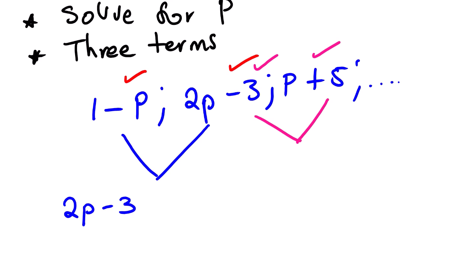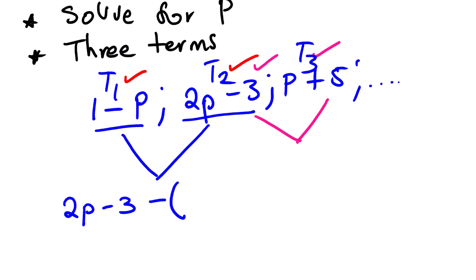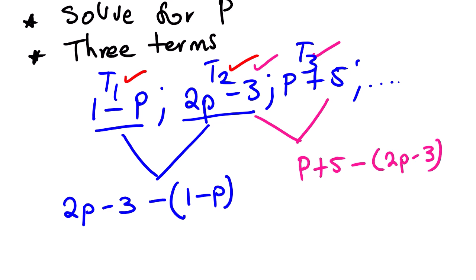it will be 2p minus 3, this is term number 1, term number 2, term number 3. So term number 2 minus term number 1, we put inside the bracket 1 minus p, and then we also have p plus 5 minus 2p minus 3, t3 minus t2, t2 minus t1.